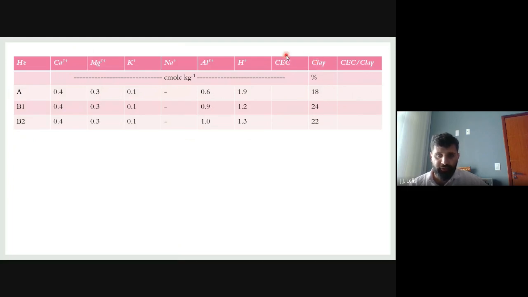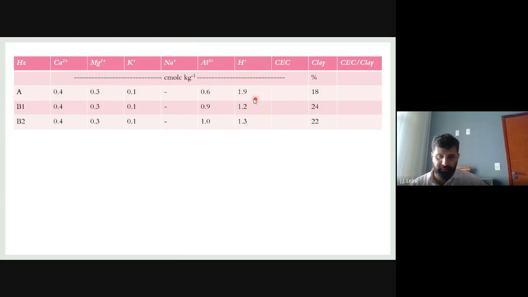So first of all, we have to calculate the CEC. We just need to sum calcium content, magnesium content, potassium content, and hydrogen content. Aluminum we do not use to calculate in this case, because this hydrogen is already considered aluminum and hydrogen.